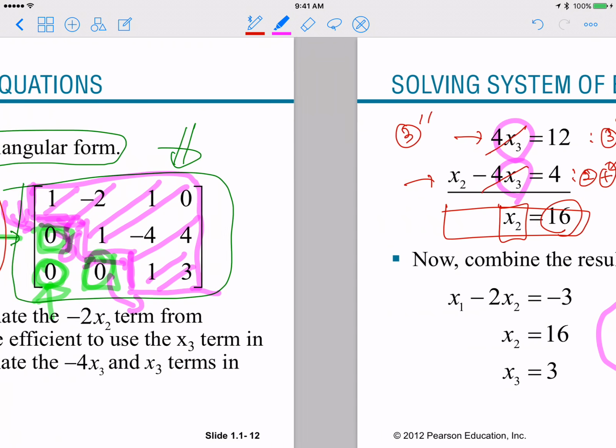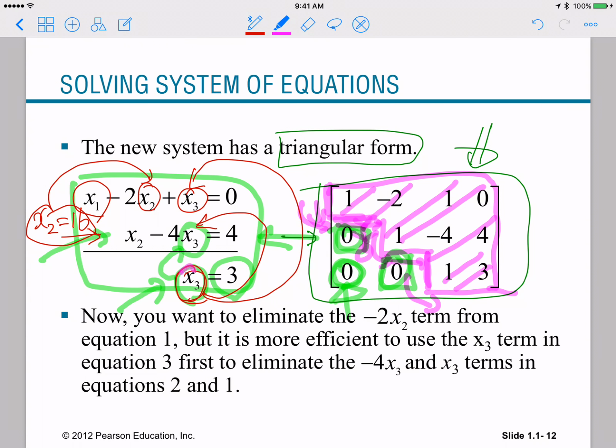And this is actually the same as plugging this x3 value that we obtained from the last equation into the first equation. Okay? So in this first equation, we can simply multiply this guy by minus 1, and then add it to the first row, or first equation. And then we can remove this x3. And that is the same as plugging this x3 value as 3 into the first equation.